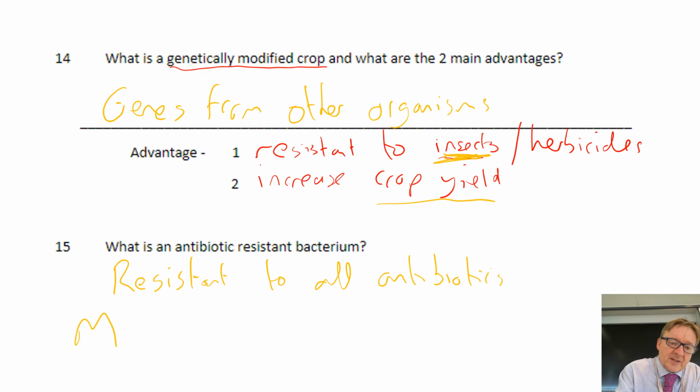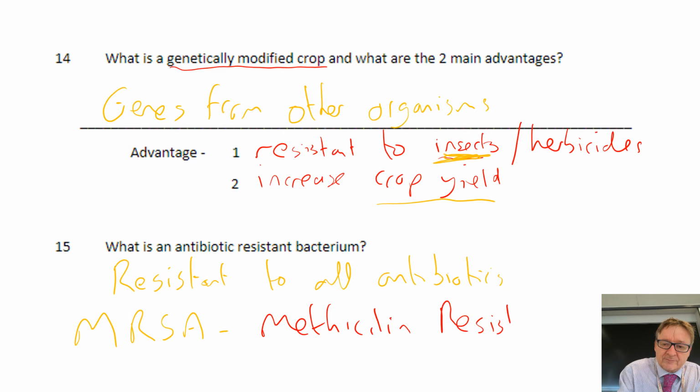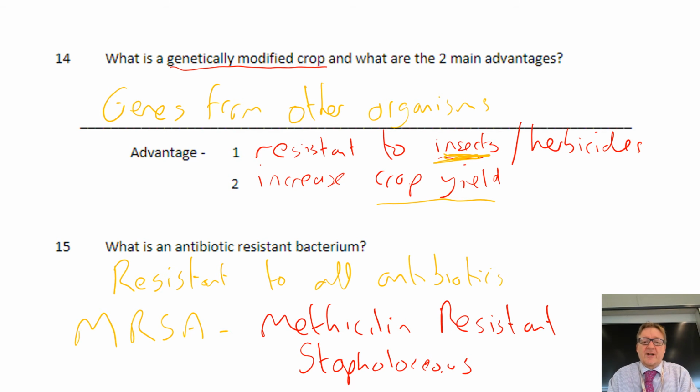Best example of that is MRSA, which is methicillin resistant Staphylococcus. All right, and what that is, so that's a bacteria that is resistant to antibiotics, right, and it is horrendous if it actually gets into a hospital in any form of way at all. MRSA.